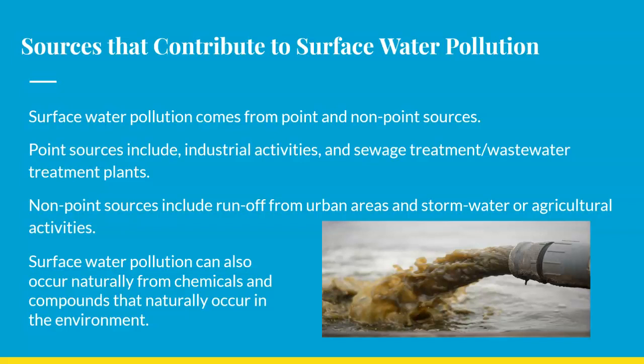These are examples of where the pollution is more widespread. It's not one specific point where you can identify that the pollution is coming from. It's sort of a cumulative seeping into the water source. Surface water pollution can also occur naturally from chemicals and compounds that occur in the environment naturally.